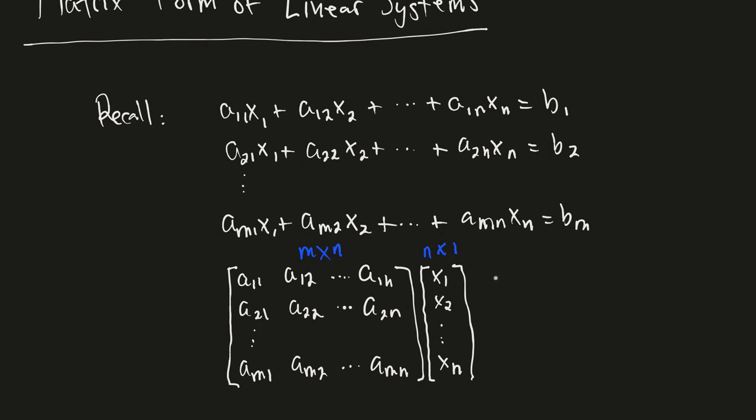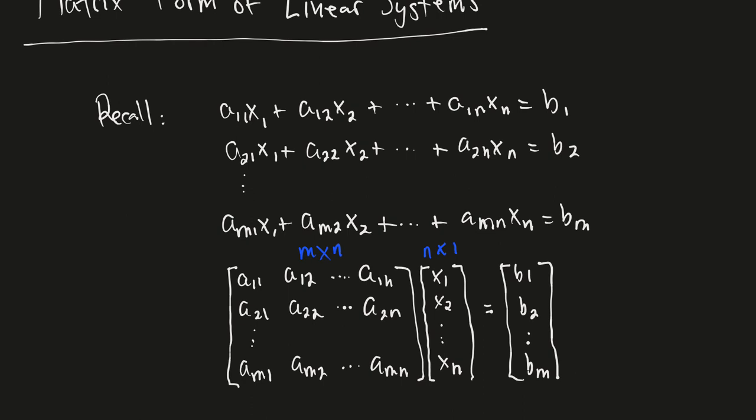Not only that, but let's make sure that the answer is consistent with what we have in our system. So this column over here now consists of m rows because it's b1, b2, dot dot dot, bm. So these two numbers are not necessarily the same. If we don't have the same number of equations as we do variables, then you'll end up with something like this.